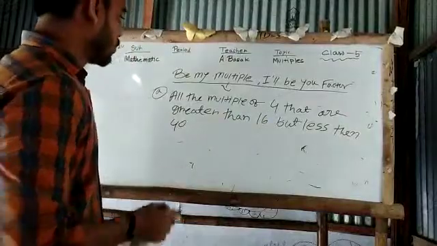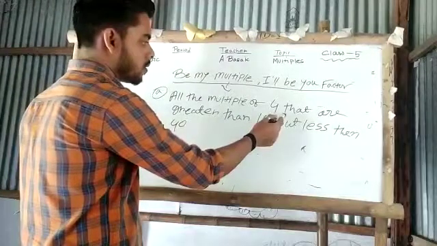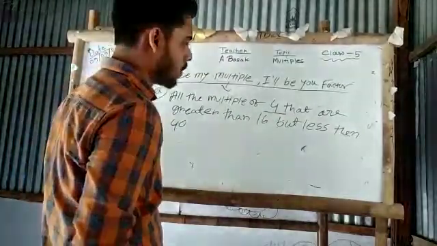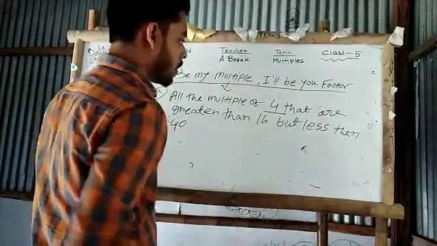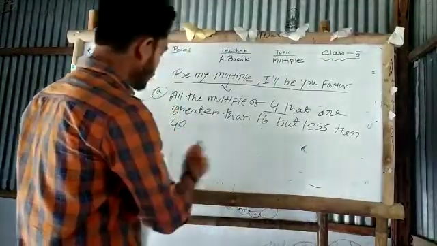Okay, so in this question we just need to determine the multiples of 4, and then we have to write the numbers that are lying between 16 and 40.